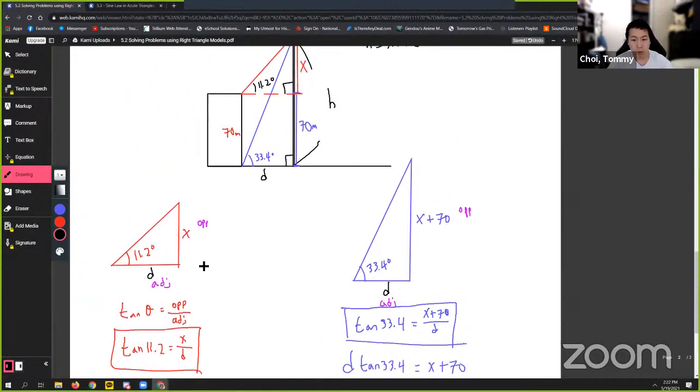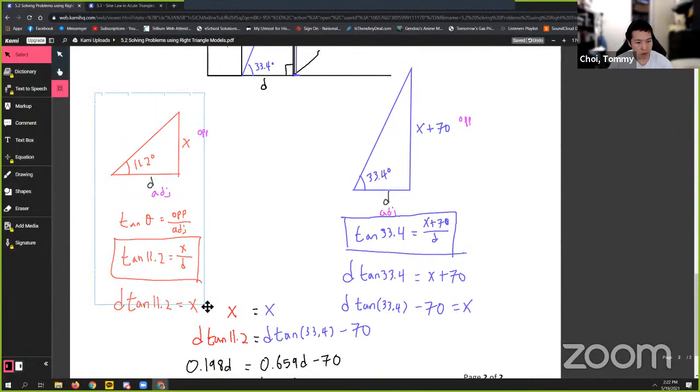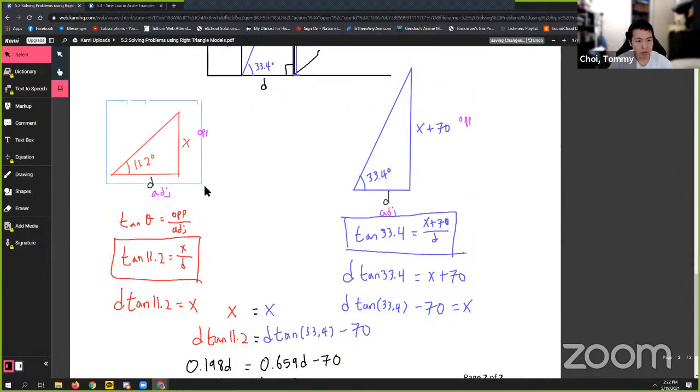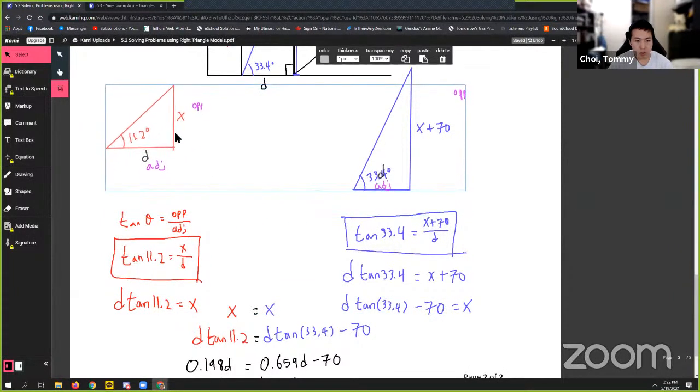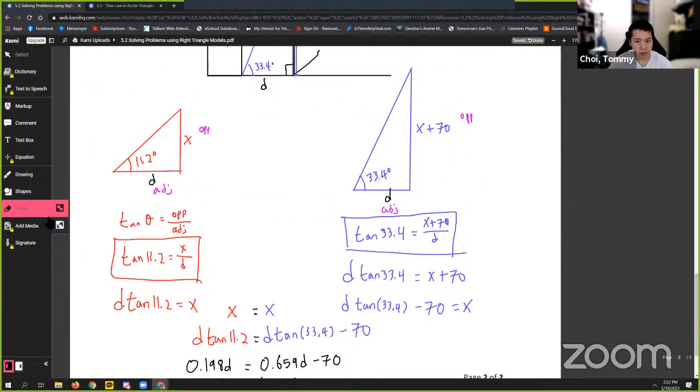I'm running out of space because I wrote gigantically huge. Hold on, let me see if I can reorganize this. Oh no. It's moving the other part that I don't want it to move. Okay, hold on. This is an emergency here. Give me 1 second. I'm going to try to make some extra space for myself.